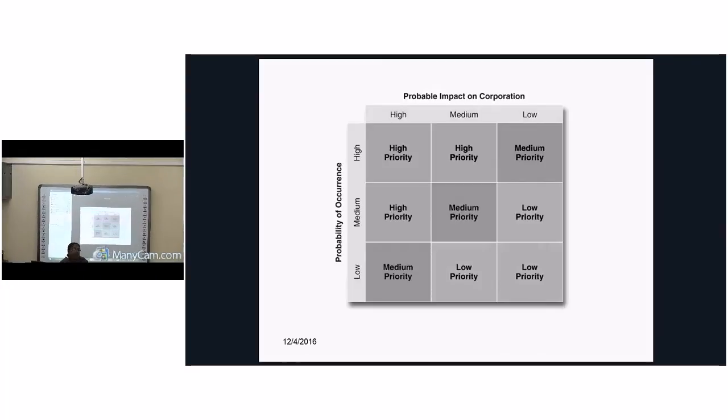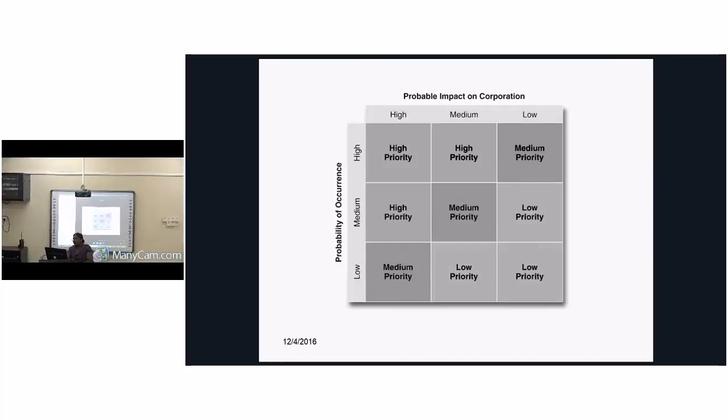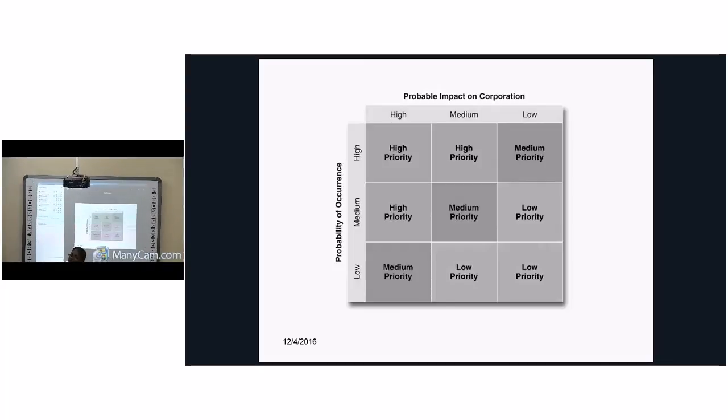Based on the impact of cooperation and impact of occurrence, using this scale, you can understand what are the high, medium and low priority elements in the external task environment.